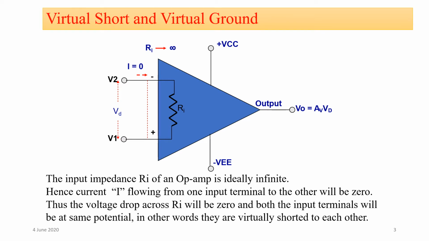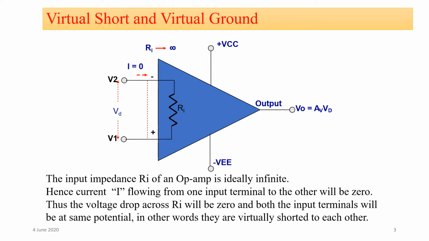So the voltage drop across Ri is equal to 0, means we can say that both the input terminals are at same potential. In other words, they are virtually shorted with each other. And mathematically, virtually shorted means V1 equals V2.